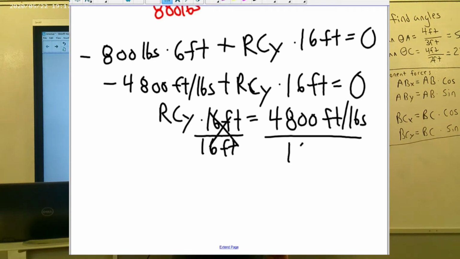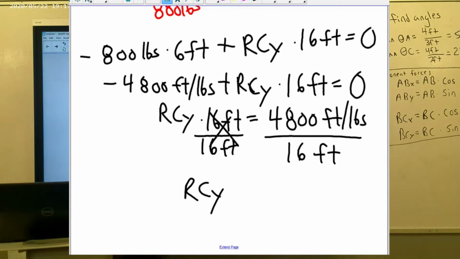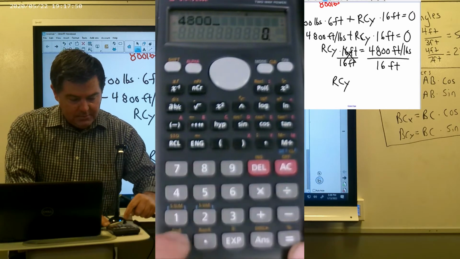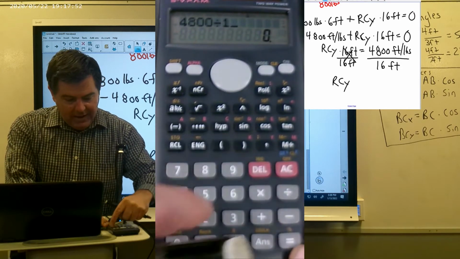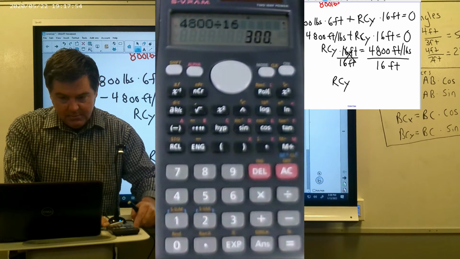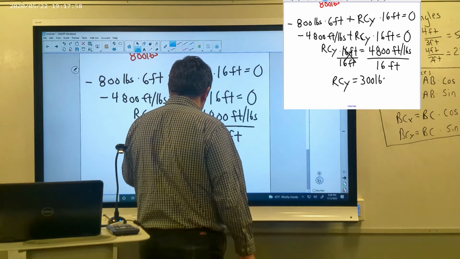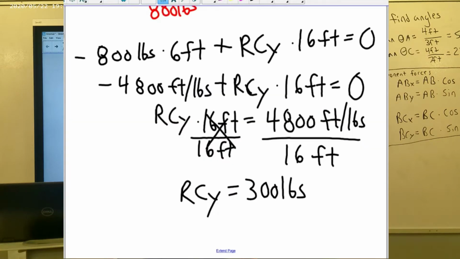The 16 feet cancel over here. And what I end up with is reaction force Cy when I divide 4,800 by 16. We end up with reaction force Cy equal to 300 pounds.